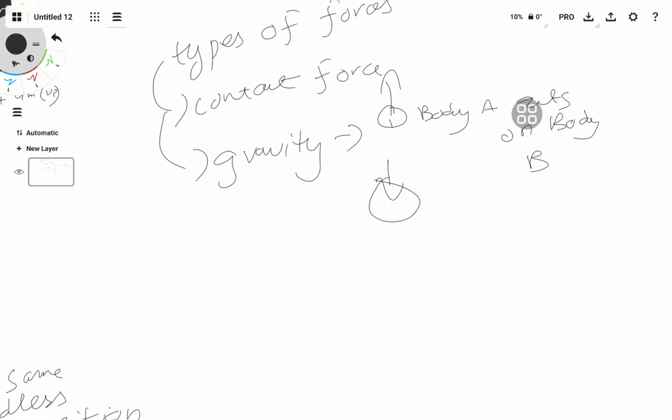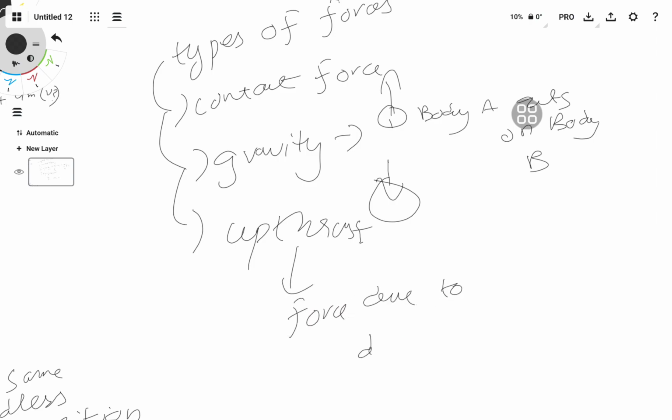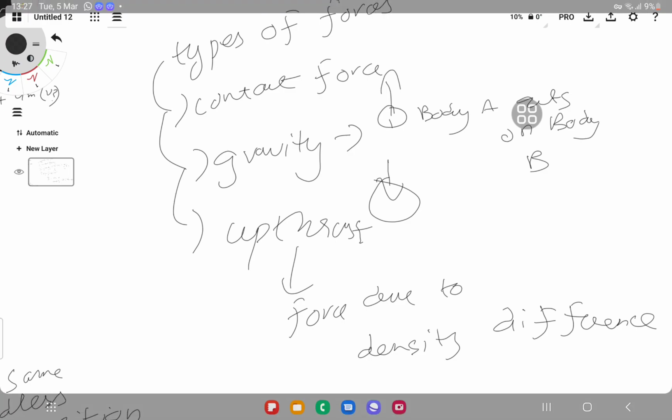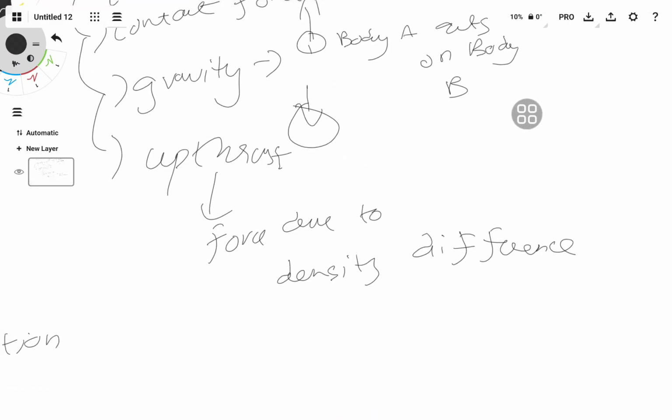So we also have upthrust, which is basically the force that acts on a body due to density difference.